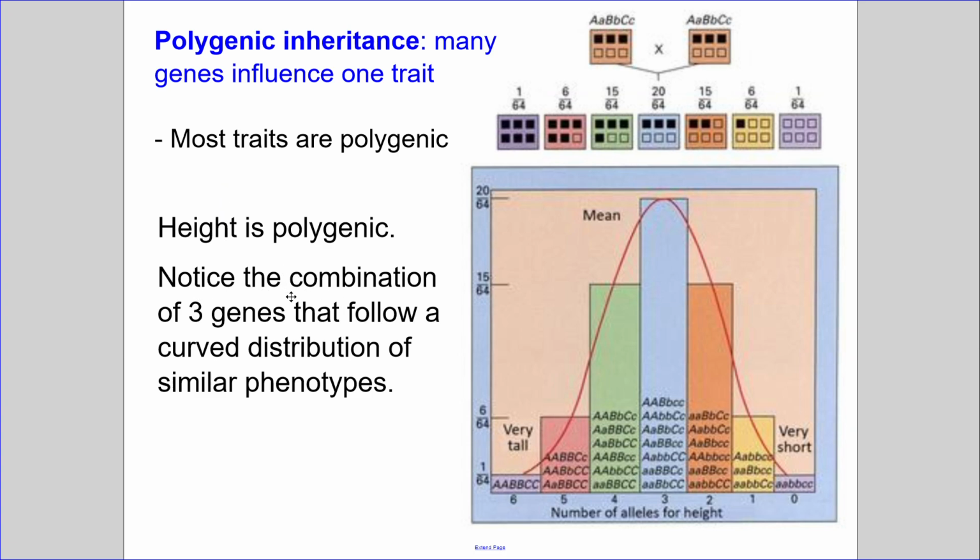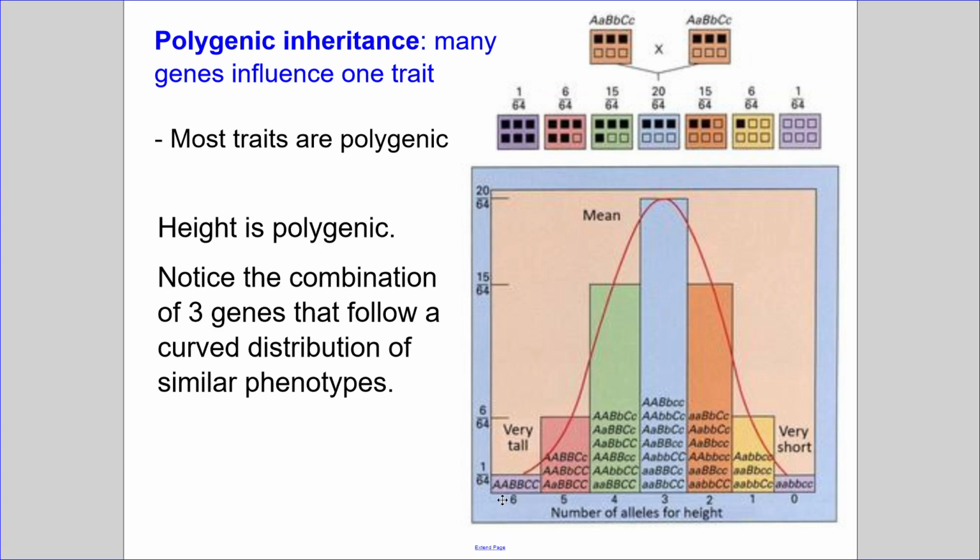So notice the combination of 3 genes that follow a curved distribution. So we have 3 genes here, the A gene, the B gene, and the C gene. If an individual is heterozygous for these 3 genes and they cross with someone else who's heterozygous, then you would get this really interesting distribution of the likelihood of inheriting a specific type.